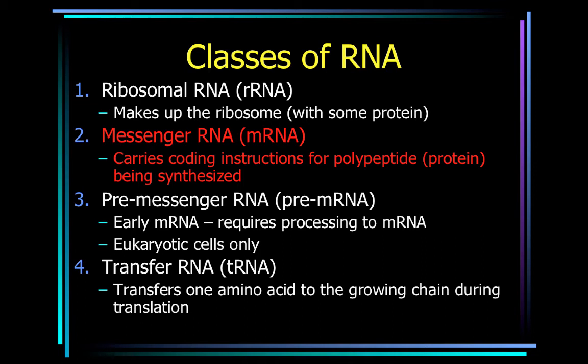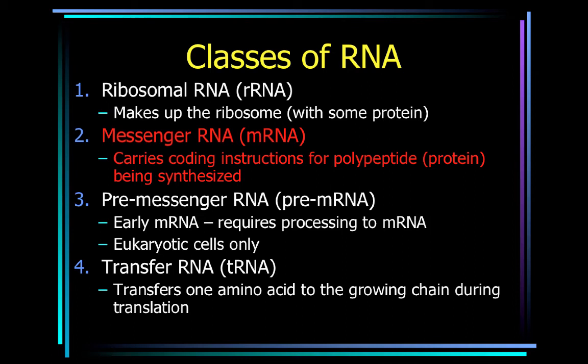It's the middle step. A third type of RNA is pre-mRNA, or pre-messenger RNA. And we believe that these pre-mRNAs were really the early classifications of RNA before we evolved into using DNA as the genetic information. So in eukaryotes, we really see pre-messenger RNA present.